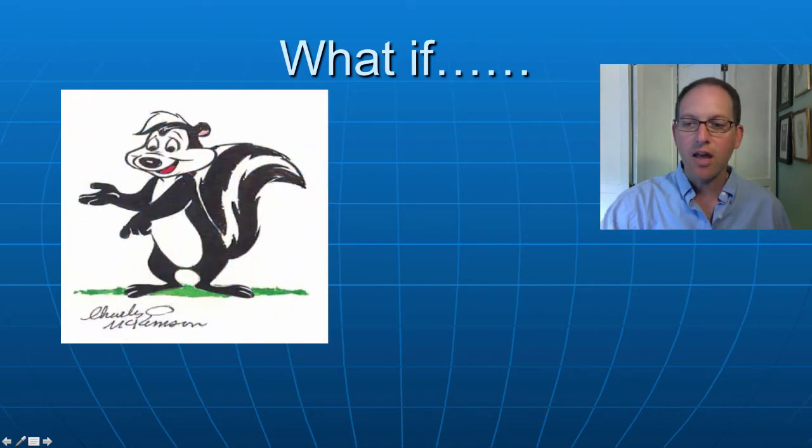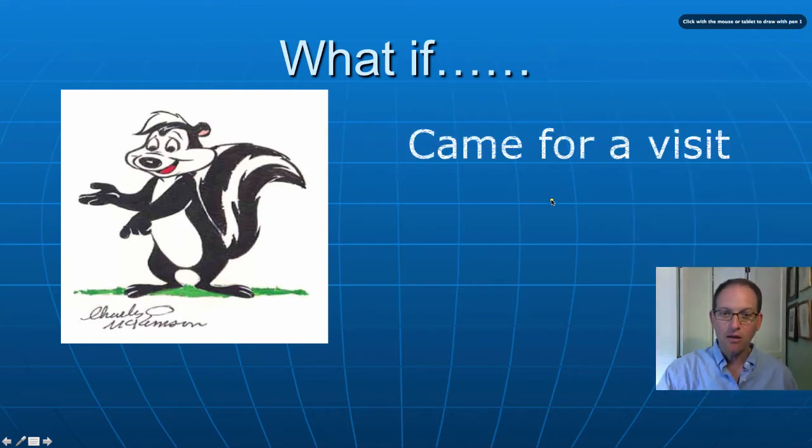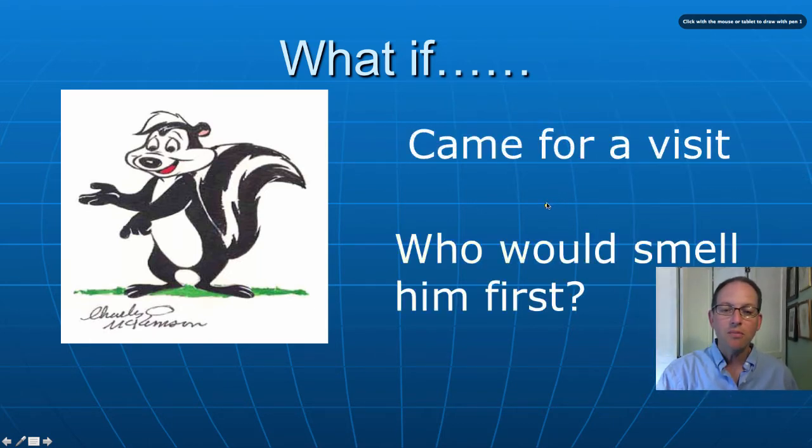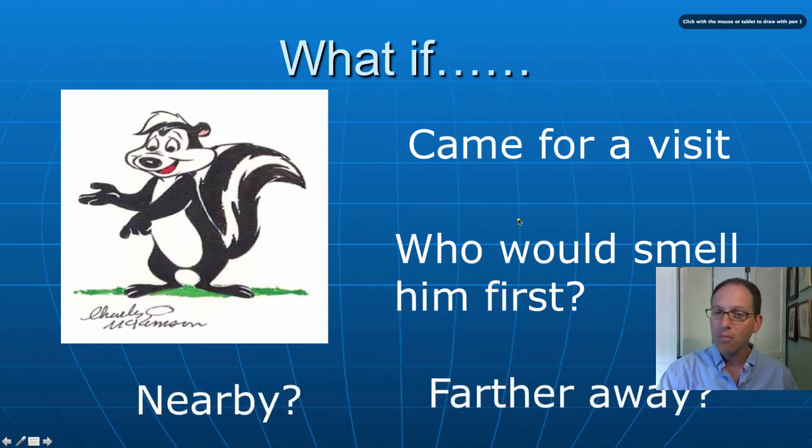Now, what if this were to happen? Let's say that good old Pepe Le Pew from our days with Warner Brothers and Looney Tunes came into our room. Who would smell him first, nearby or far away?